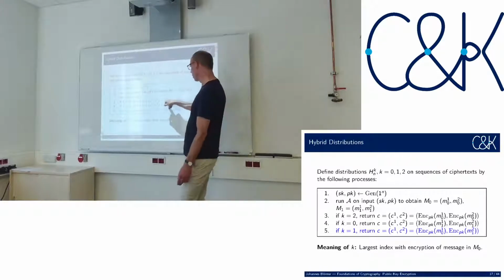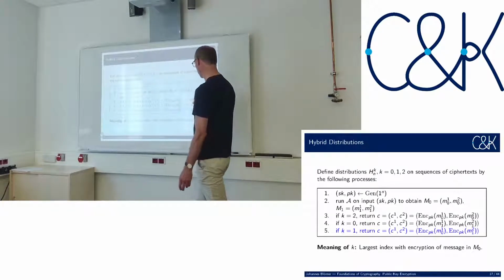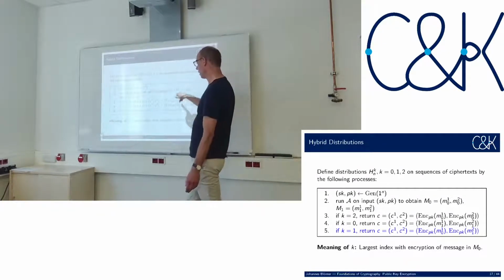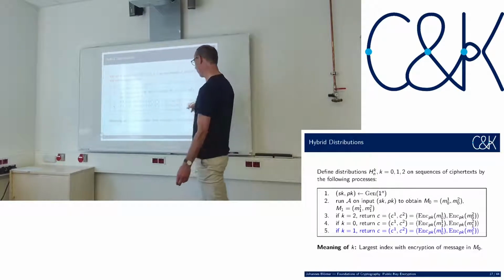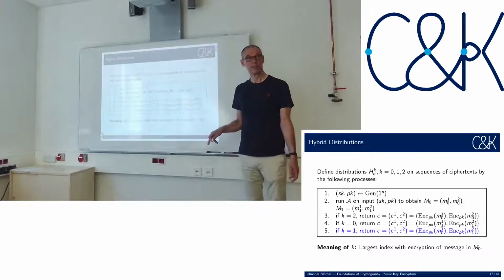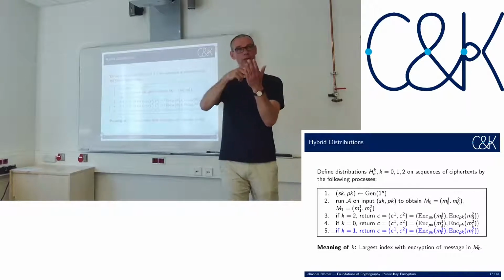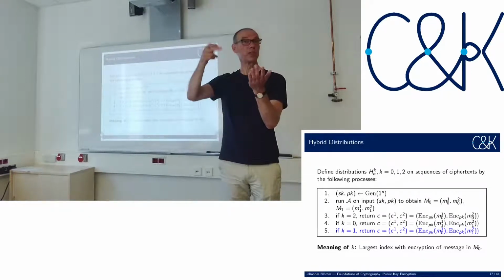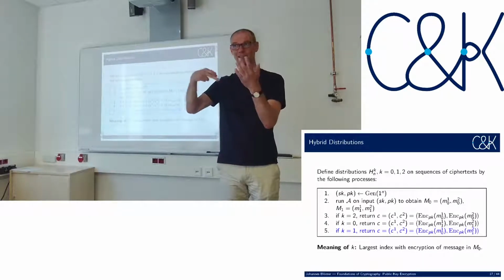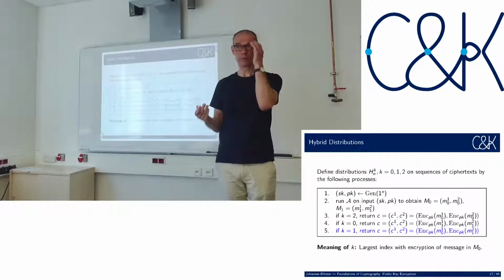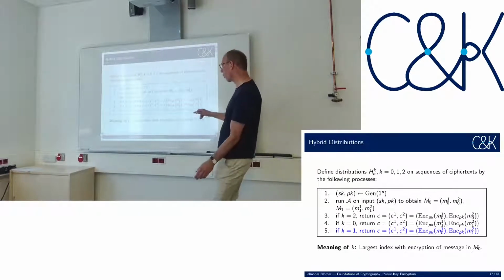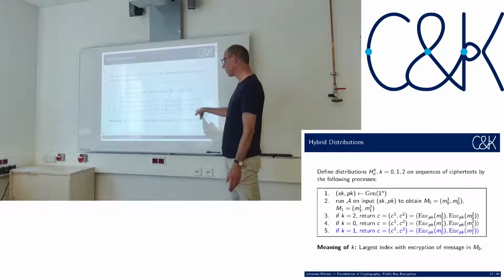So k equal to 2, everything from M0. K equal to 0, everything from M1, so the last position where I put in something from M0 is position zero, which doesn't exist because I only have positions 1, 2. And for k equal to 1, I have this mixed one.